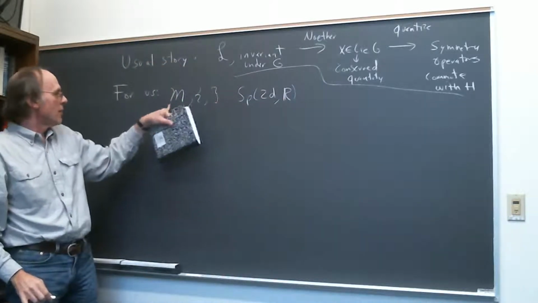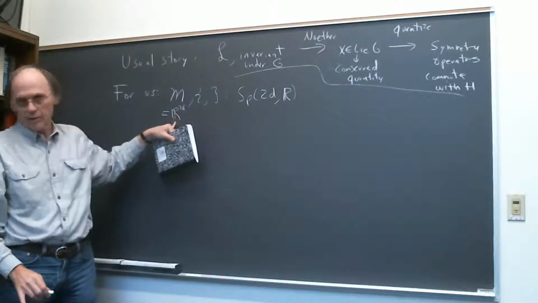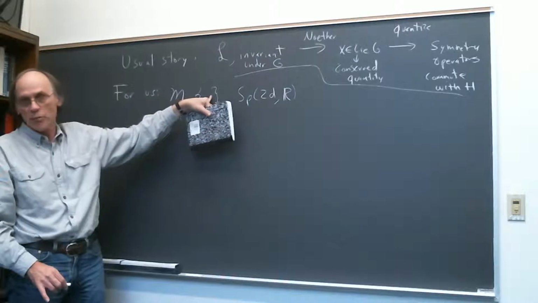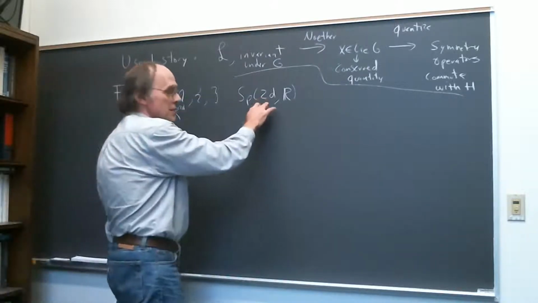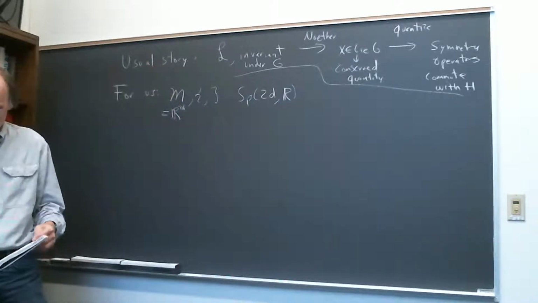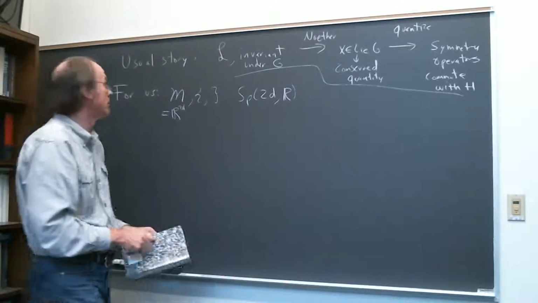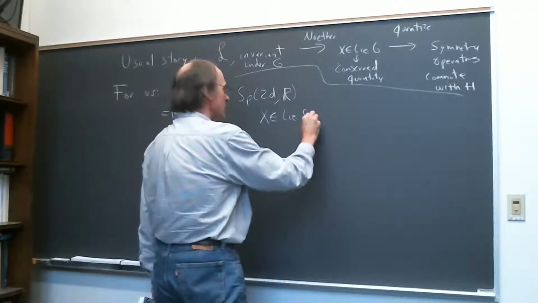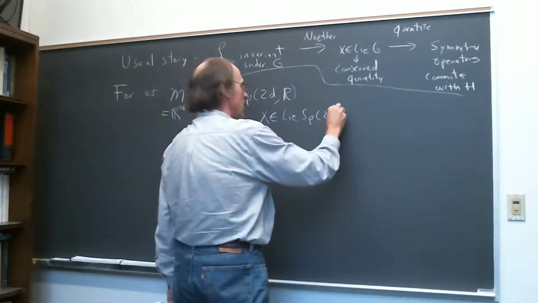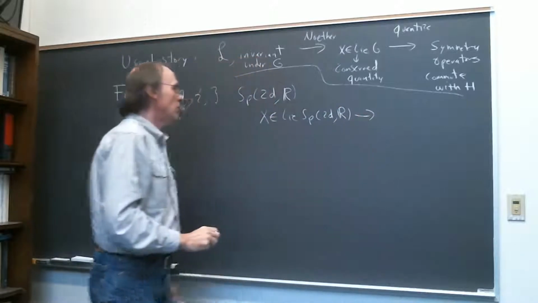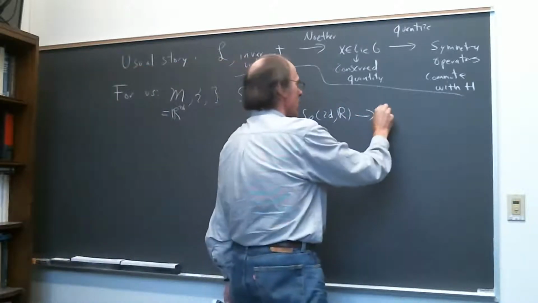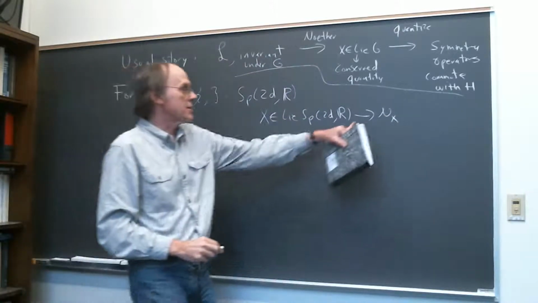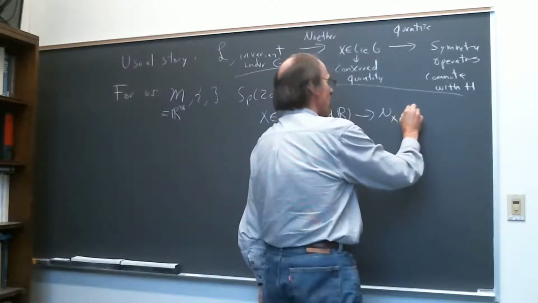They're the subgroup of invertible linear transformations that act on your phase space but preserve the Poisson bracket, which is by definition the symplectic group. And then for X, an element of the Lie algebra of Sp(2D,R), the crucial construction is something I called U_X, which is the moment map.